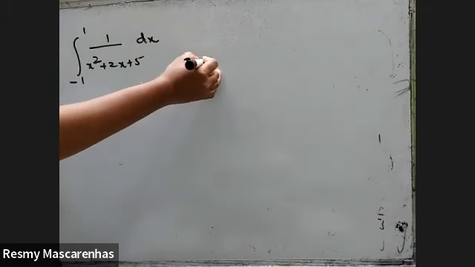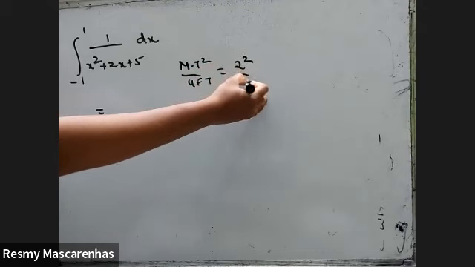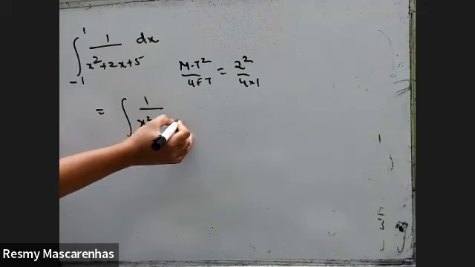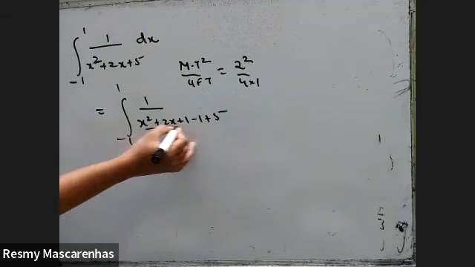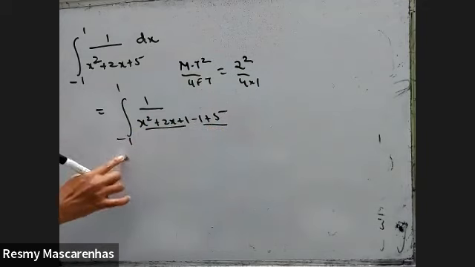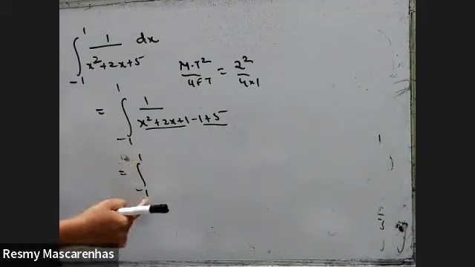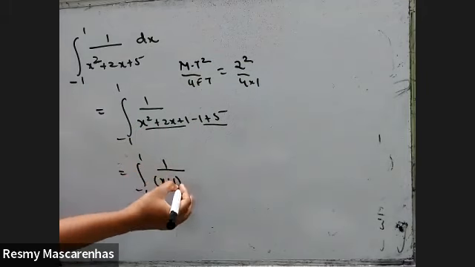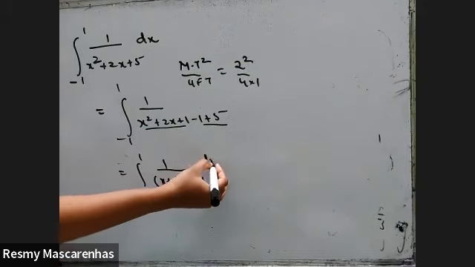So the balancing term is 1, plus 1 minus 1 plus 5. Till you substitute and write the final answer, these limits will always remain here only. So this will be x plus 1 the whole square plus 4, dx.